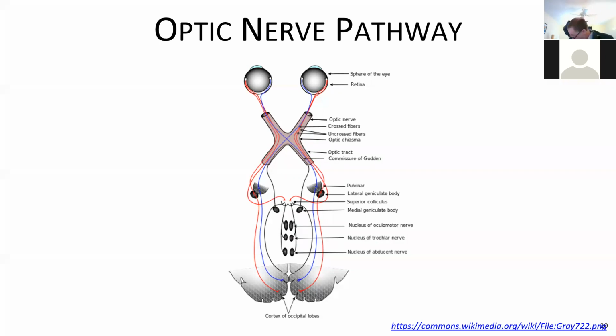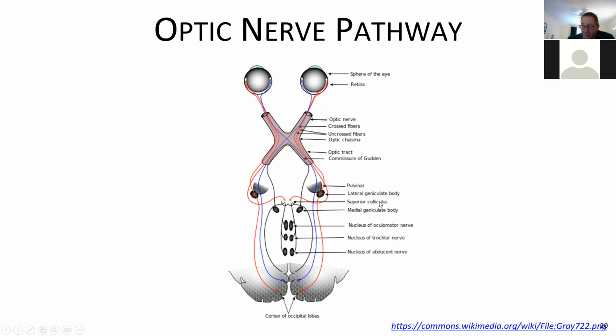It goes back there and starts processing on the way up the back of your head. It also does a crossover, so the visual processing for both eyes goes to both sides of your occipital lobe. They cross over at the superior colliculus.